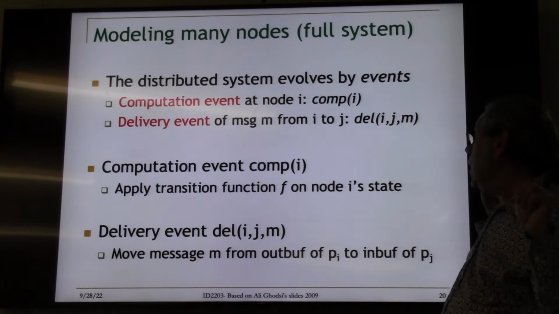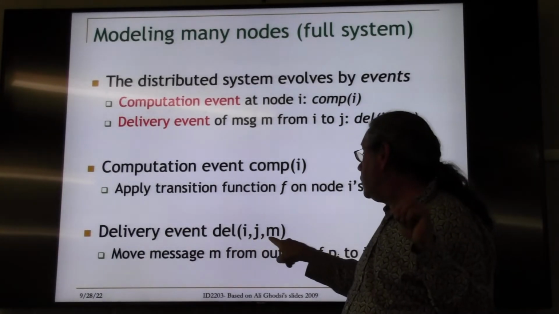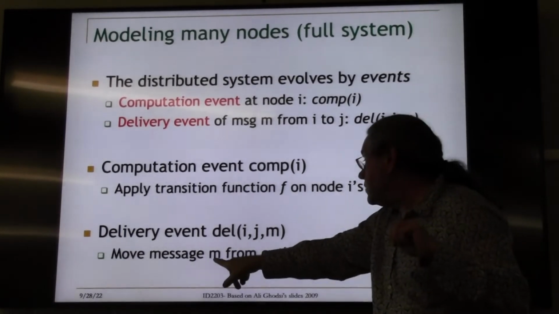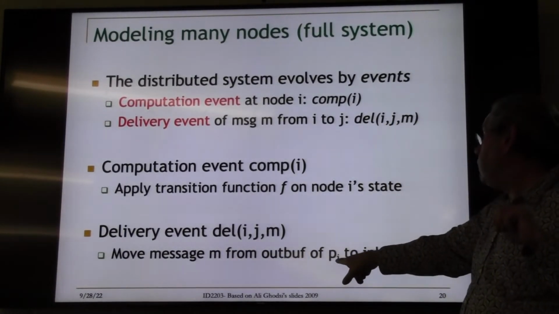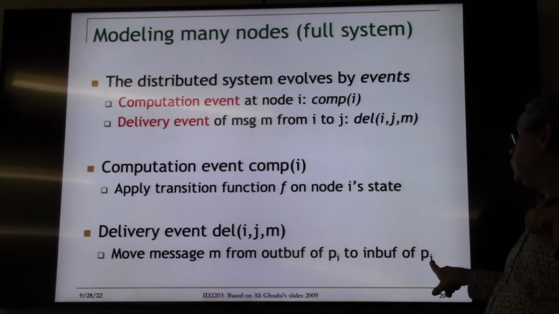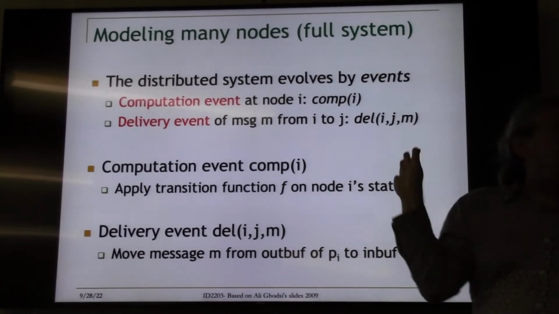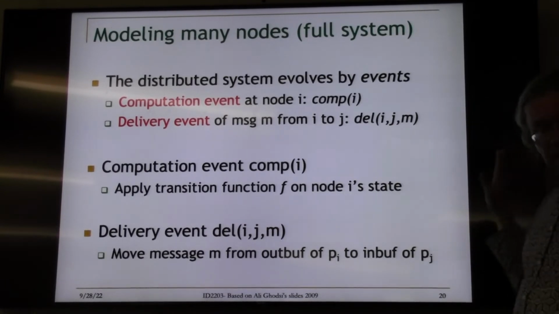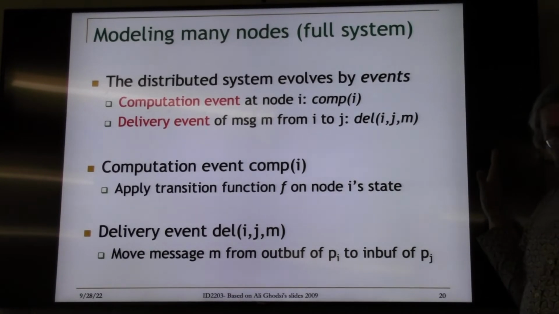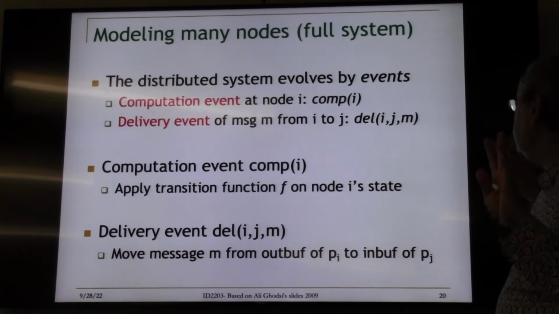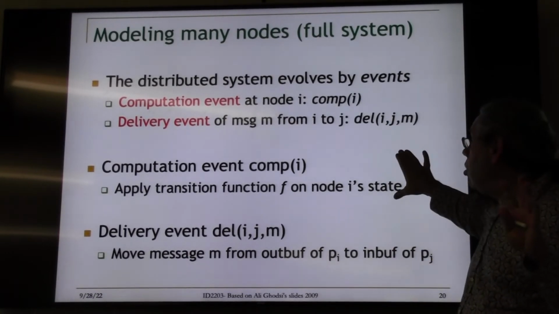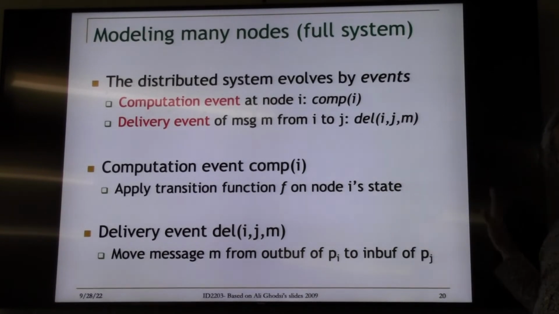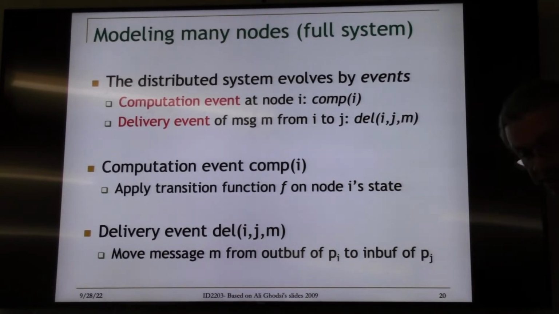That's it. And the delivery event, del ijm, is we instantaneously transfer the message M from the outbuff of pi to the inbuff of pj. And those are the only two things that can happen. So the full system is actually only doing two kinds of things: a local computation and delivery. And that's it. So it's actually kind of simple.